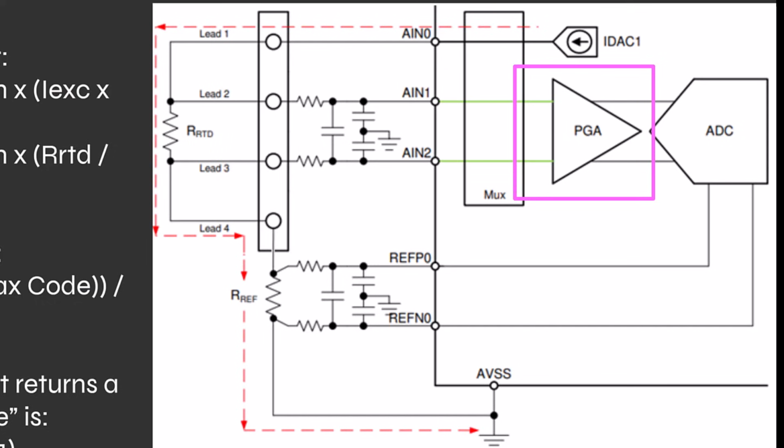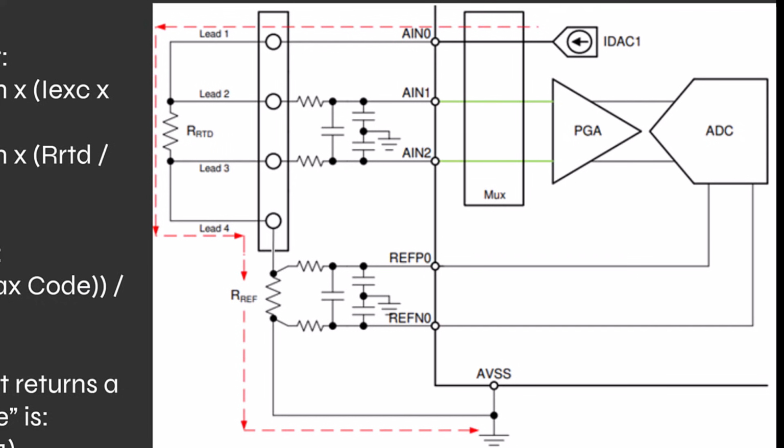Sometimes you might find an ADC that has a programmable gain amp built in, or you can add an external one, an instrumentation amp, or you might not need one depending on your setup. Now, one of the reasons you might want an amplifier is for your current source, you could choose a high current value, right? A high current value creates a higher voltage drop, which makes it easier to measure with the ADC.